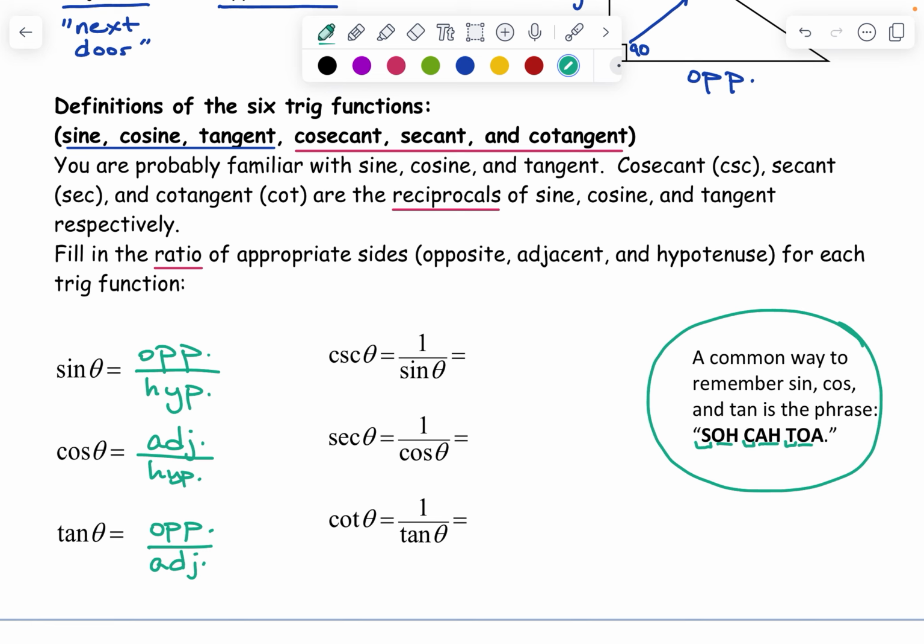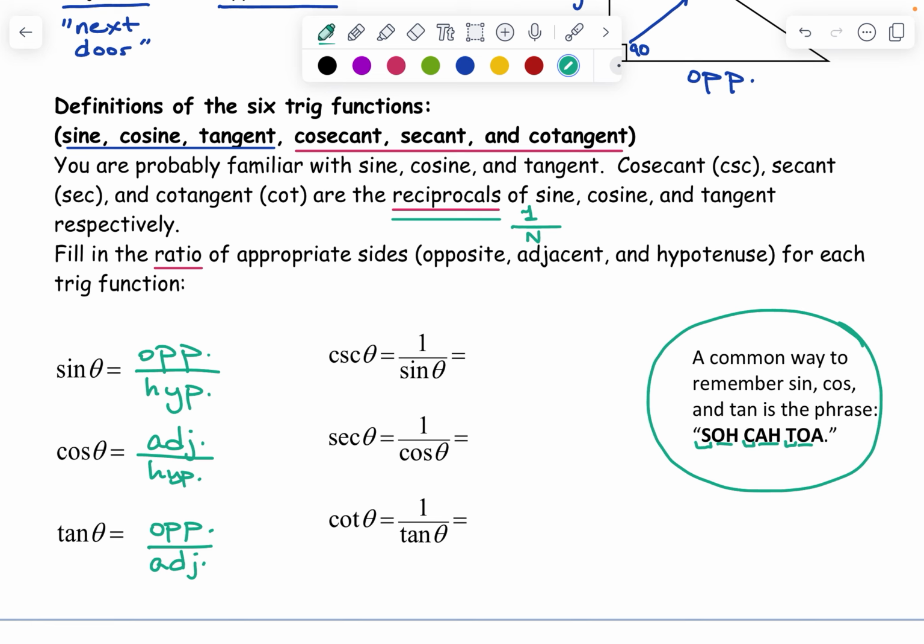Now, we said that the cosecant, secant, and cotangent were reciprocals. Reciprocals are pretty much when you have a value and you put 1 over that value. Let's just say it's n.